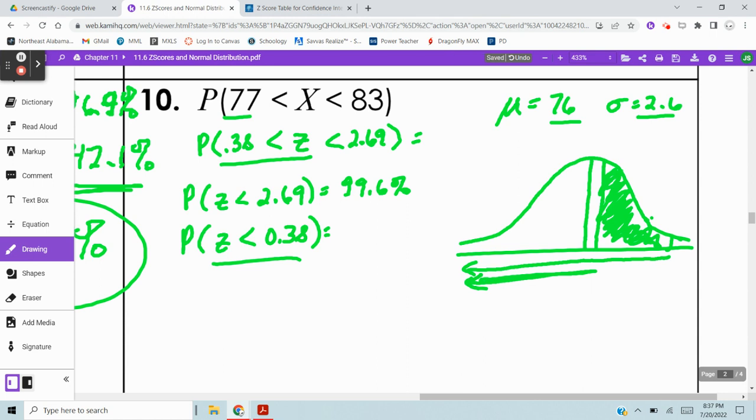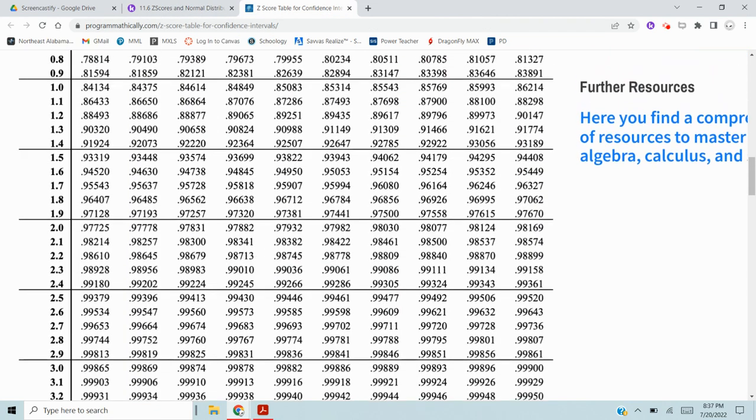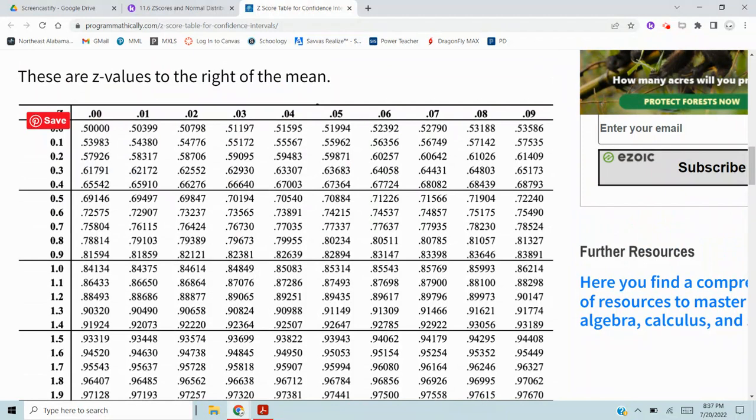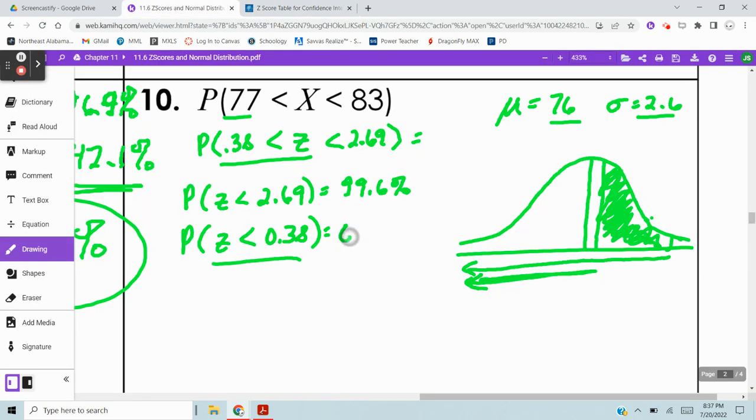So most of our area is going to be below 2.69. Now, how much of our area is below 0.38? So 0.38, we go to 0.3, and 0.38 would be located right here. So 64.8% is below that. So let's go ahead and write that down, 64.8%.